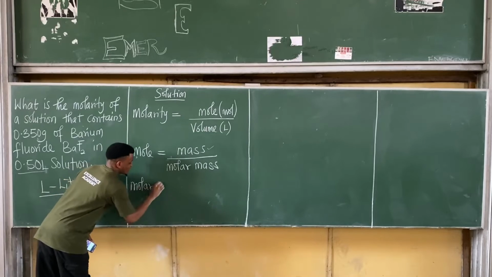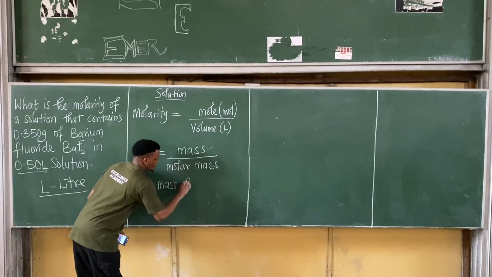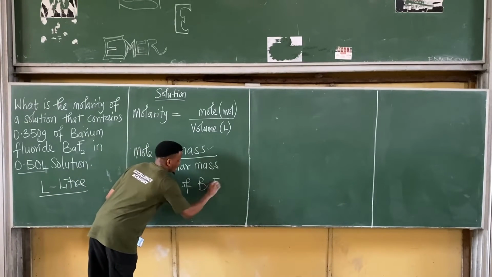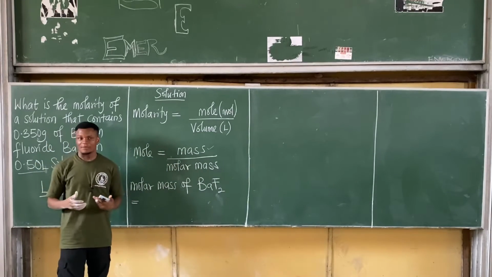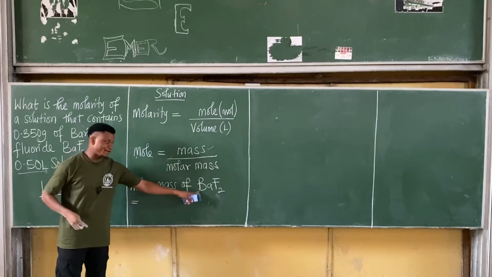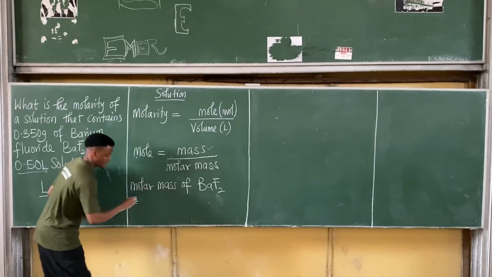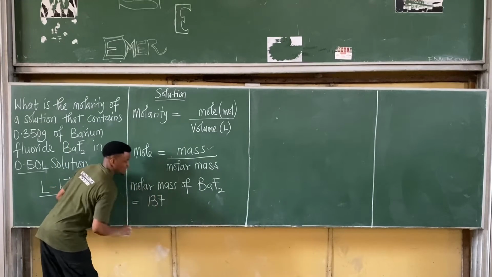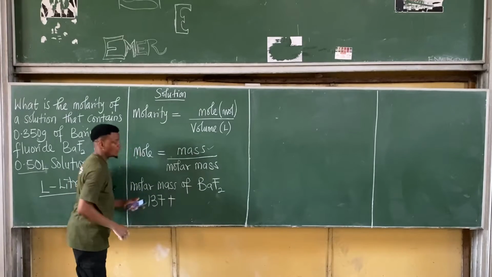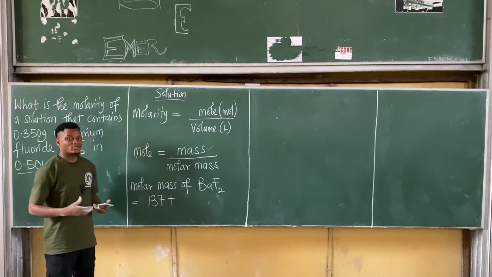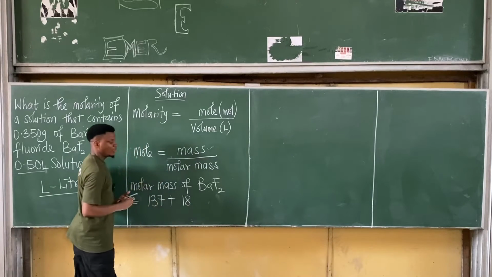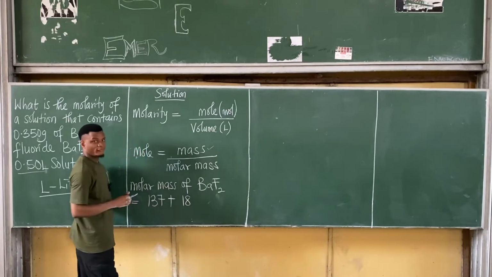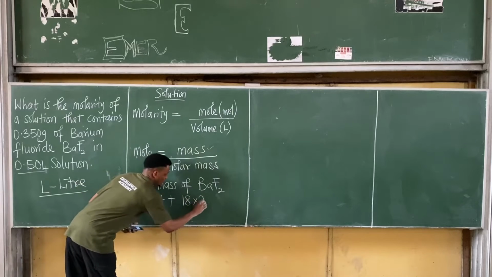The molar mass of barium fluoride is equal to, for barium, the atomic mass of barium is 137, plus for fluorine, the atomic mass of fluorine is 19. But I have two atoms of fluorine, so it becomes times 2.